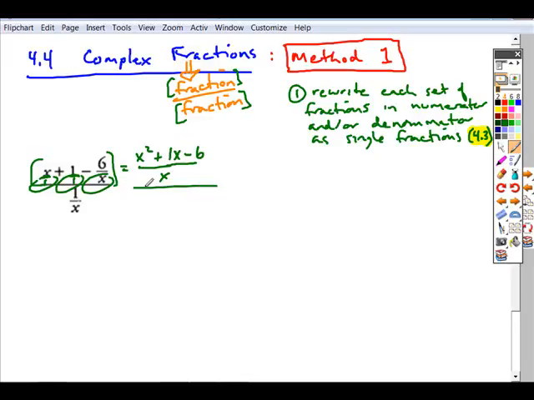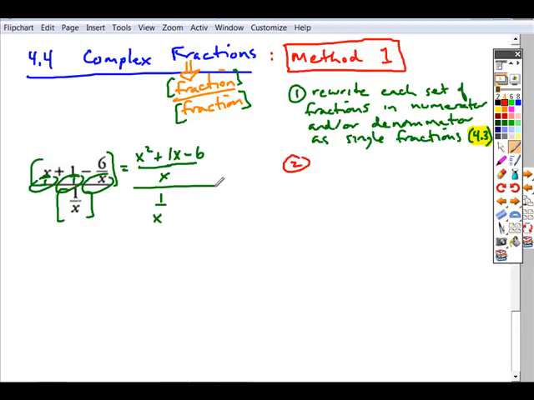And now we're going to do the same thing with our denominator. Well, in our denominator, it's already written as one fraction. So all you need to do is just rewrite it. Okay, once you do this, it's still a complex fraction, so it's still a fraction within a fraction.